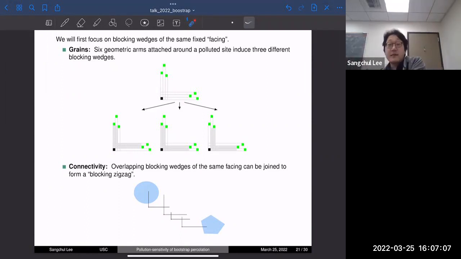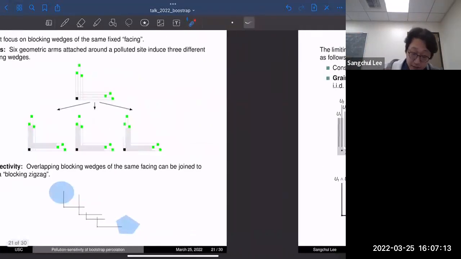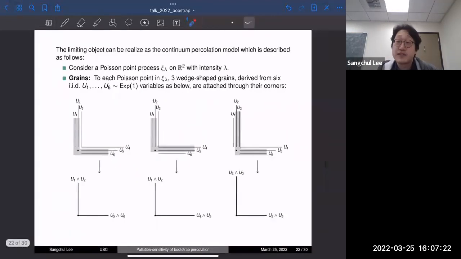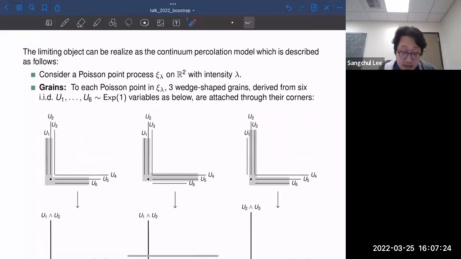Now, in the scaling limit of this, these geometric arms will become exponential arms. And the polluted site will become the Poisson point process in the plane. So the limiting object can be realized as a certain continuum percolation model, and that can be described as follows.